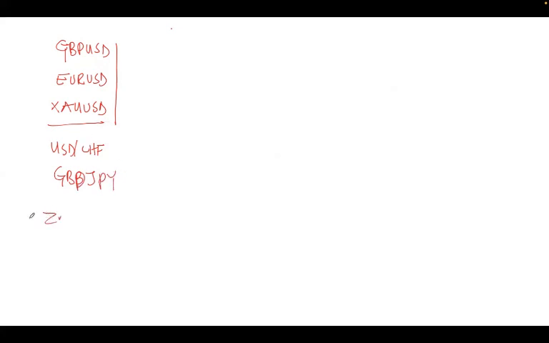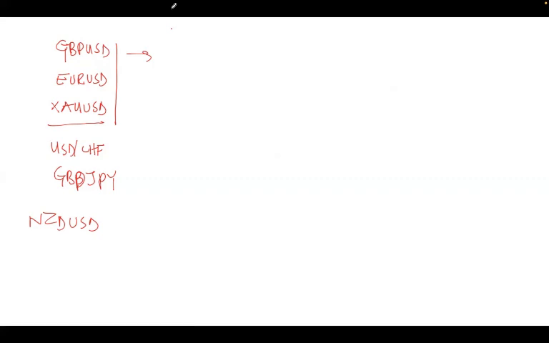We have NZD USD. Now the first one is actually a currency pair. The first three letters are for a different country, Great Britain pounds. This GB stands for Great Britain pounds, which is the currency for the United Kingdom. All right. Now we have the USD, which is United States dollars, the currency for America. Now Euro is actually Eurozone.